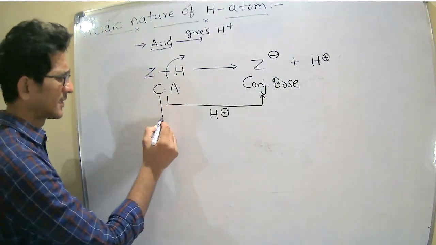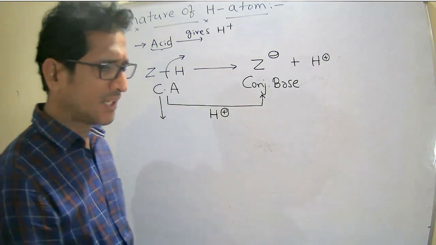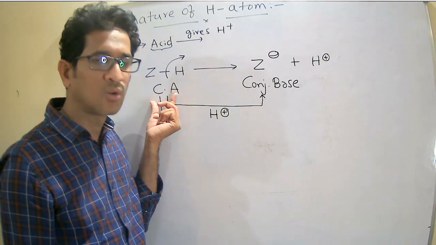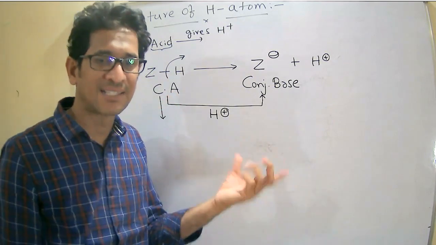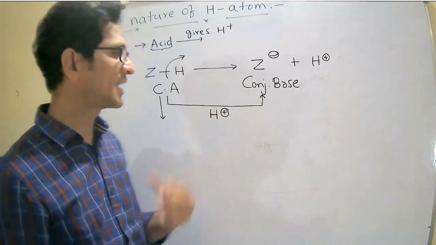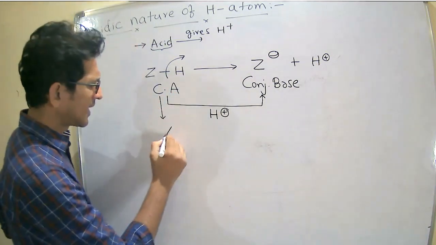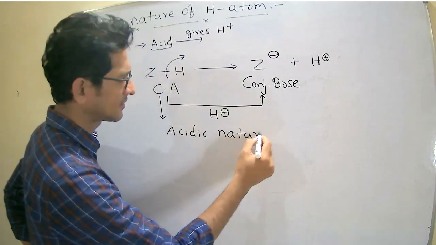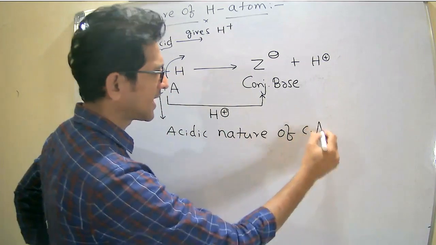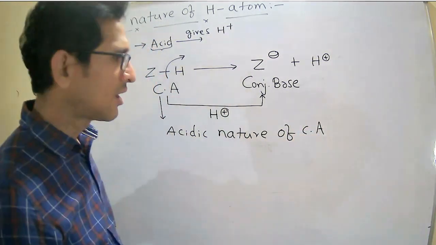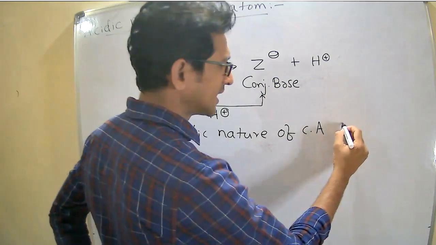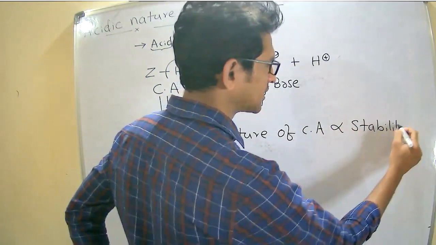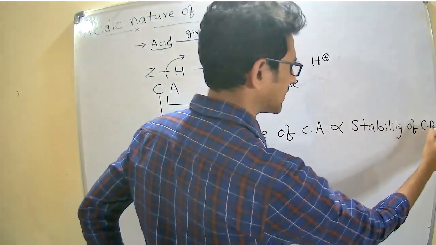Now here, initially I mentioned the point: how do we find out whether the given acid is a strong acid or weak acid? The acidic nature of the conjugate acid depends on the stability of the conjugate base.